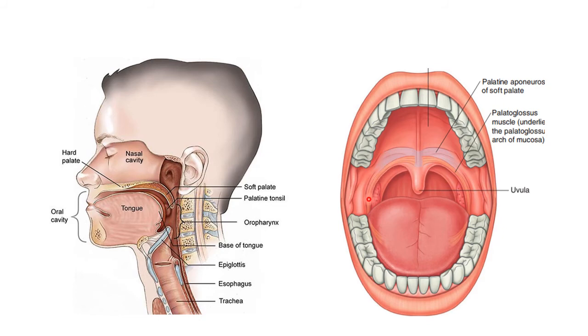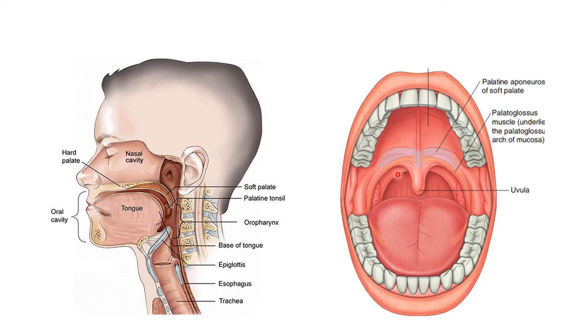The anterior fold merges inferiorly with the side of the tongue at the junction of its oral and pharyngeal parts, and is known as the palatoglossal arch or palatoglossal fold. The palatoglossal fold contains the palatoglossus muscle.